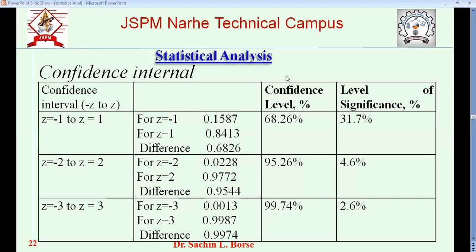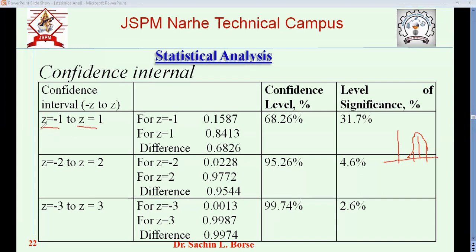Now what happens is, many times when we draw the standard distribution curve, we compare in a range, like plus minus Z, meaning Z changes from -1 to +1.